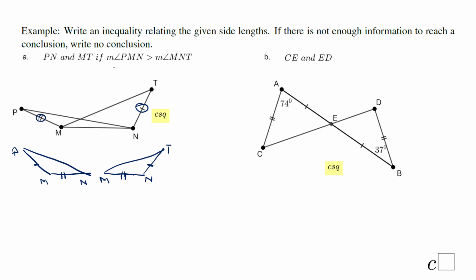Also now we see here the measure of angle PMN, this one, is greater than the measure of angle MNT, this one.